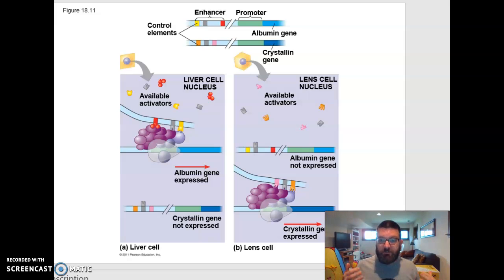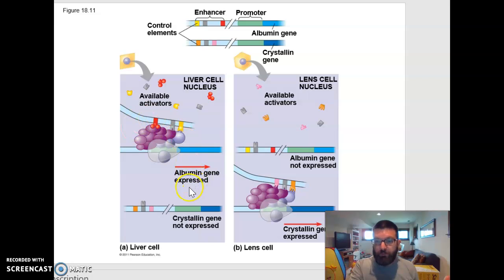And genes that tend to be expressed together, right, will probably have similar enhancers and will probably be activated by similar activators. So, for instance, a liver cell and a lens cell in your eye are very different, and they require different products, right? A lens cell requires the production of crystallin, which is that clear protein that makes your lens. A liver cell requires the production of all kinds of things, right?